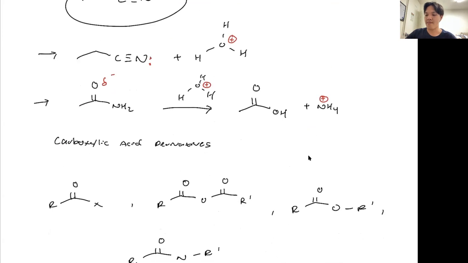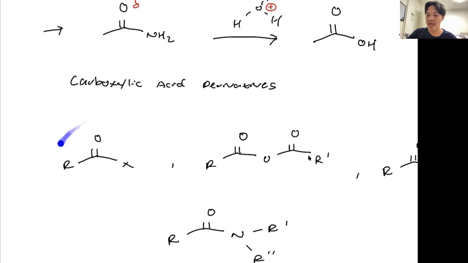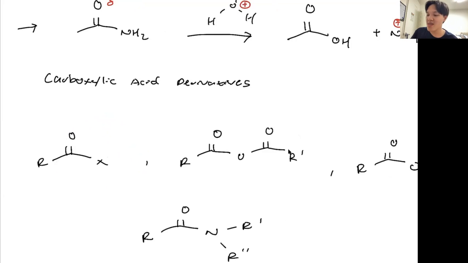So they're derivatives for this type of compound, which is a carbonyl with a halogen, right? So this is a little bit more reactive. So these are called halides of carboxylic acids. And here we can even turn them into these weird compounds where we have what seems like two esters, right?